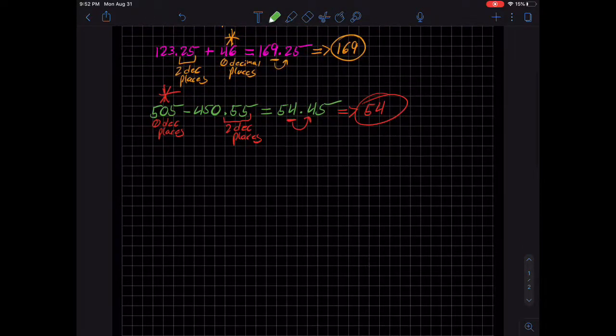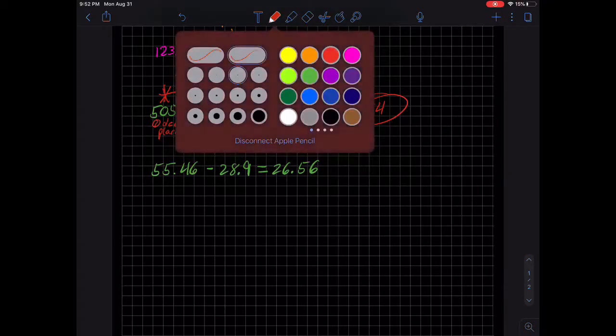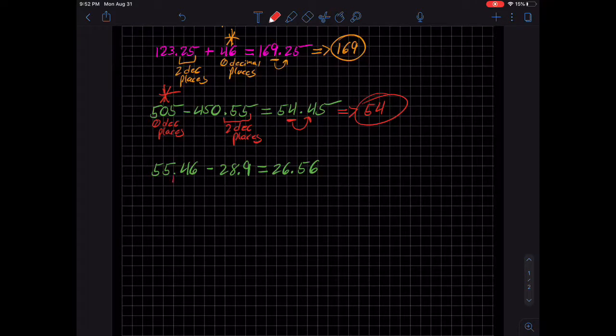I'll do another subtraction here. We're going to take 55.46 minus 28.9. When you do the math, you get an answer of 26.56. When we look at the number of decimal places, our first number here had 2 decimal places.